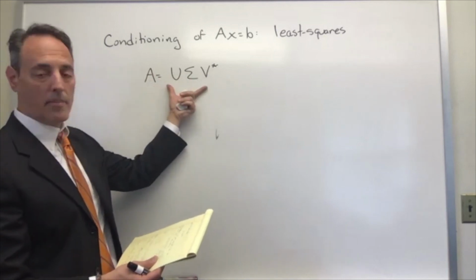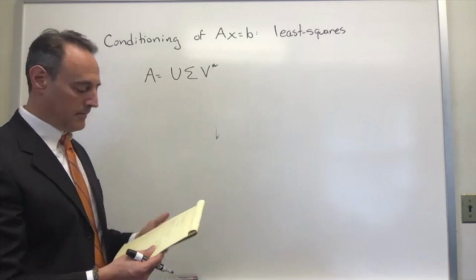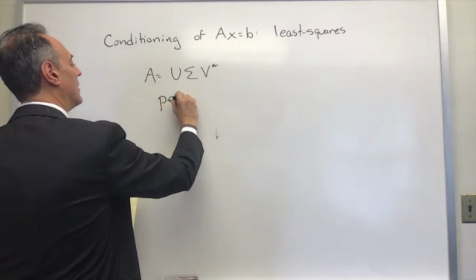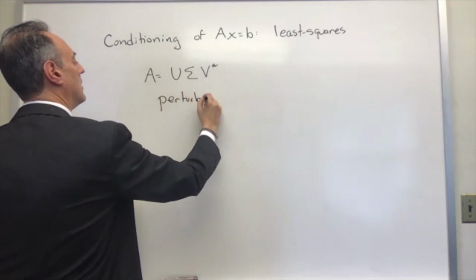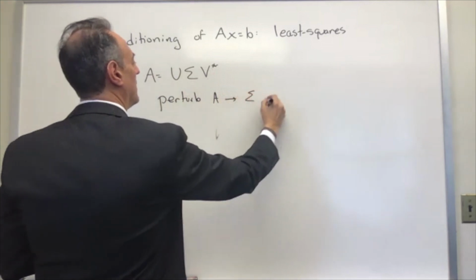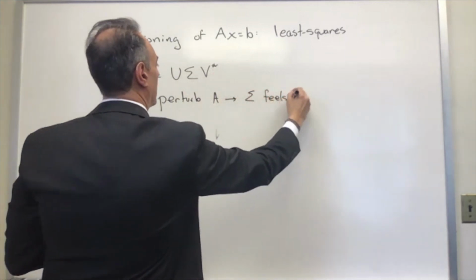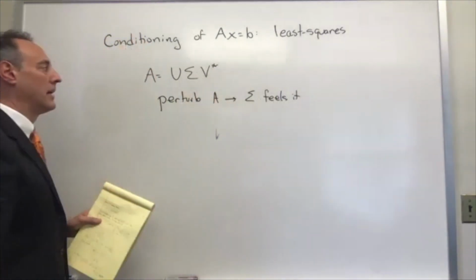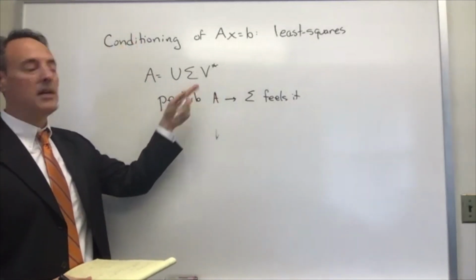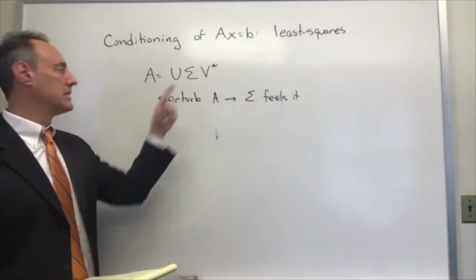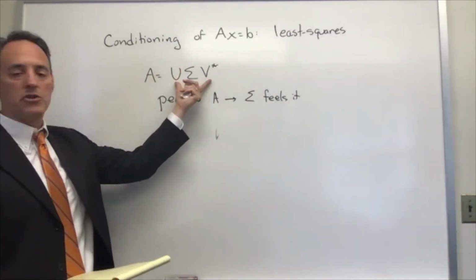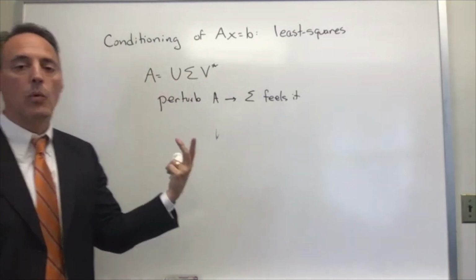These are just unitary operators on either side. So perturb A, and that singular value matrix, which is the diagonal here, is what gets changed. Perturbations here get transferred directly here. These are just unitary operators. Their norm is still 1.